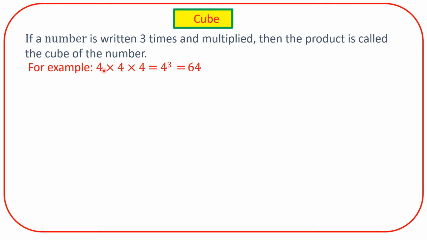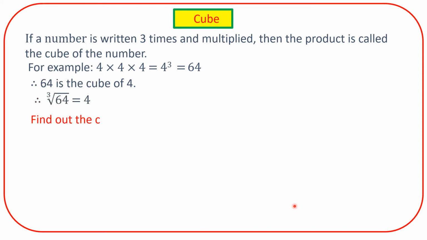Here we write 4 into 4 into 4, how many times? 3 times. Therefore, 64 is the cube of 4. Therefore, cube root of 64 is equal to 4. This is the sign for cube root.